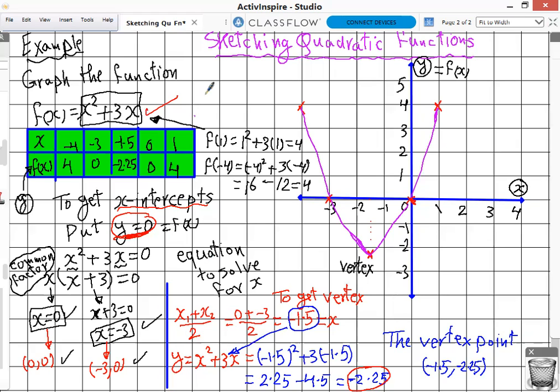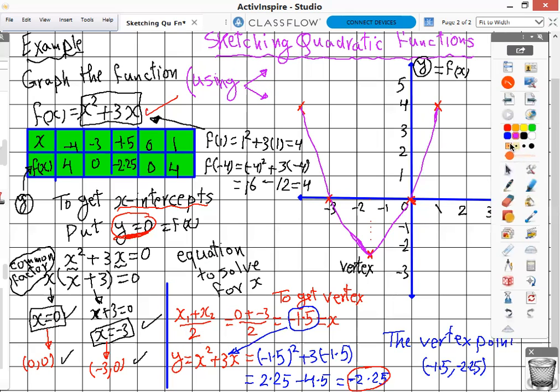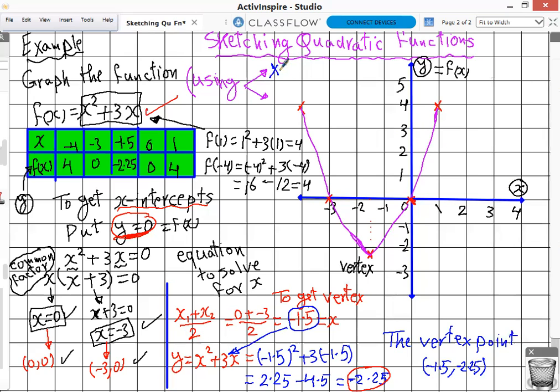Here is our lesson about using x-intercept and the vertex.